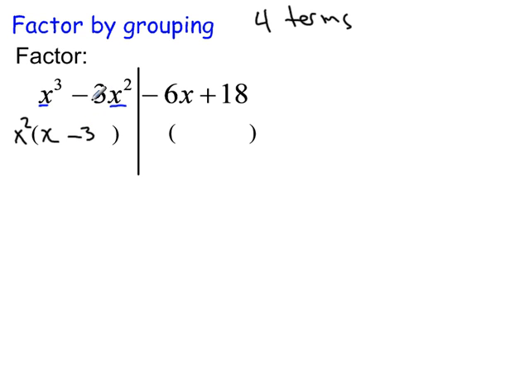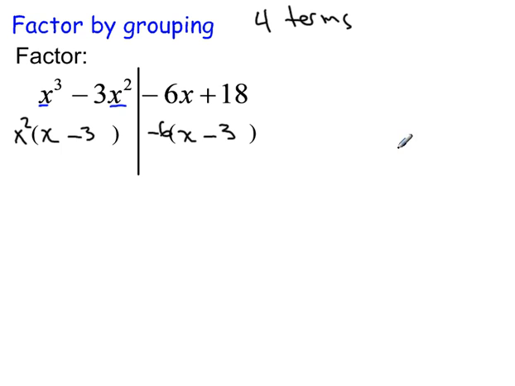Now, on the right side, you're going to factor out a negative 6, because that's the greatest common factor of these 2 terms. So you got negative 6 times x gives you negative 6x, and then negative 6 times negative 3 gives you positive 18, because a negative times a negative is a positive.